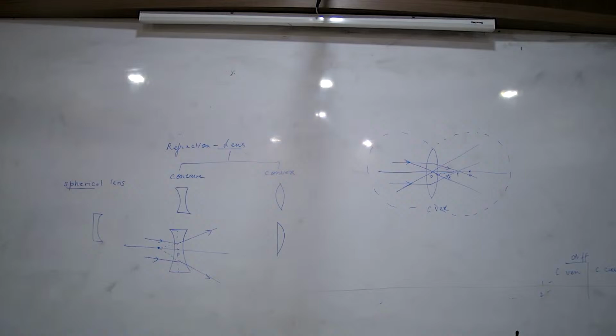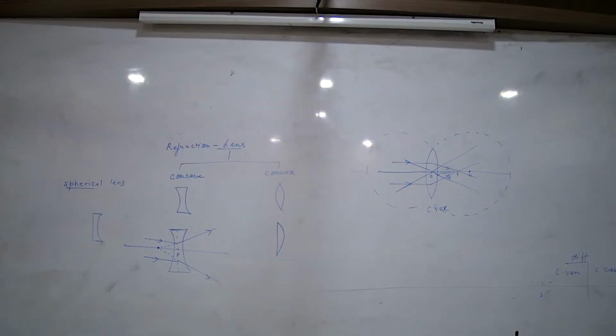We shall confine our discussion in this chapter to such lenses whose aperture is much less than its radius of curvature, and the two centers of curvature are equidistant from the optical center O. What does it mean?